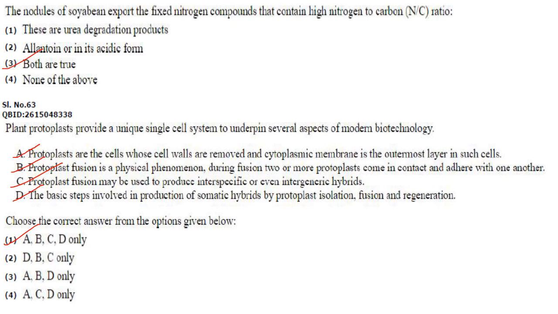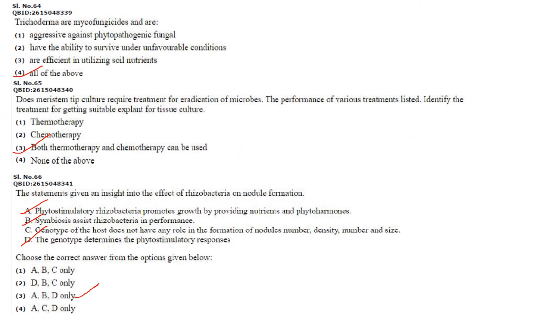Protoplast fusion may be used to produce interspecific or intergeneric hybrids. Yes. The basic steps involved in the production of somatic hybrids are protoplast isolation, fusion and regeneration. Yes. So the answer is A, B, C, D only. Answer is option 1. Next one.